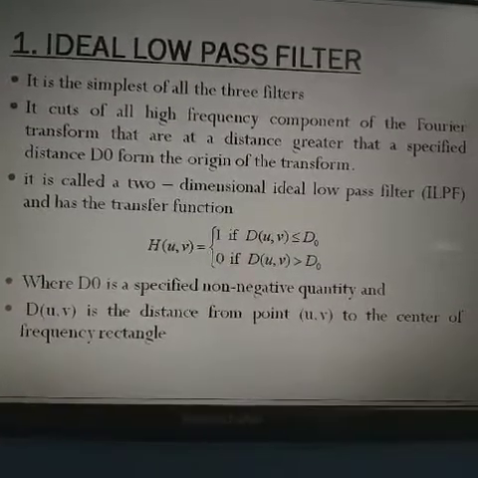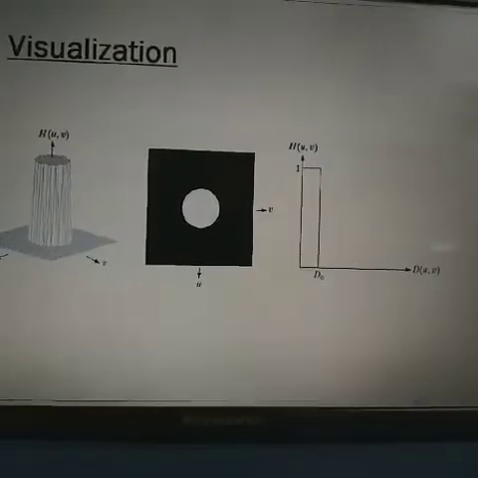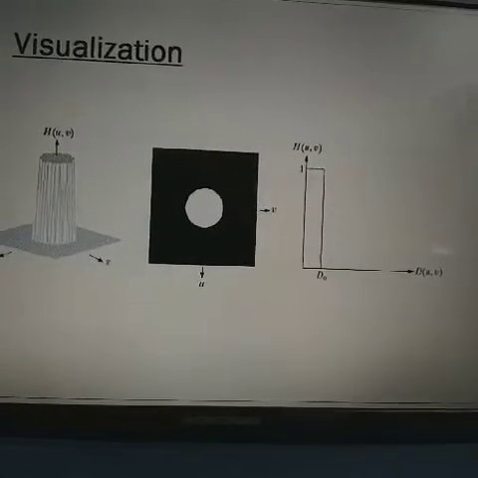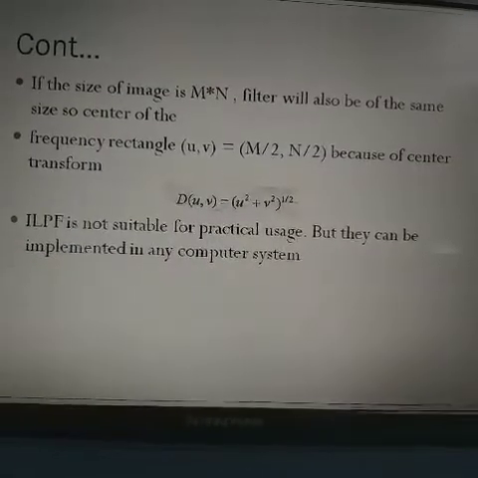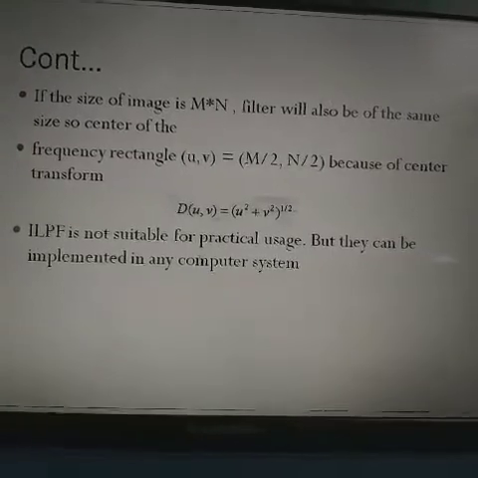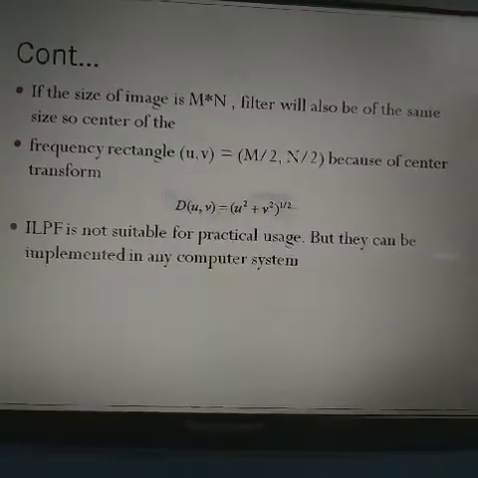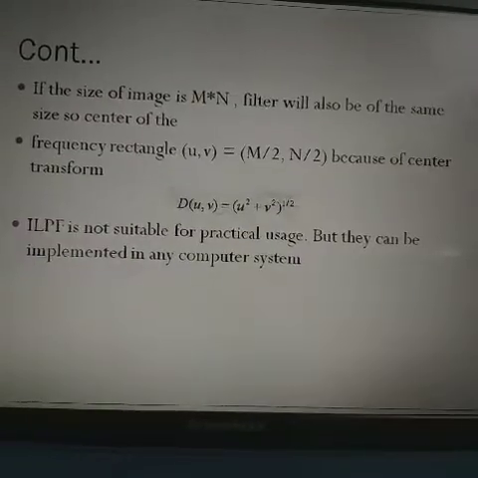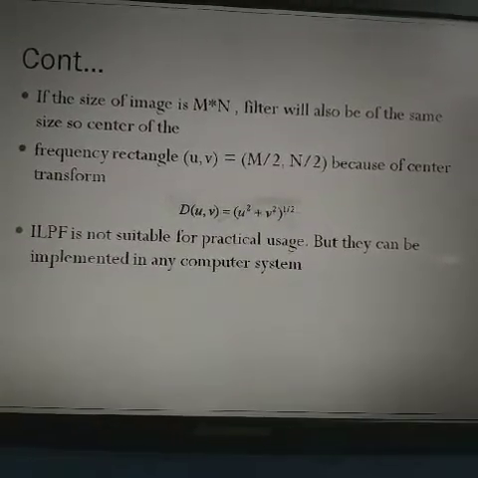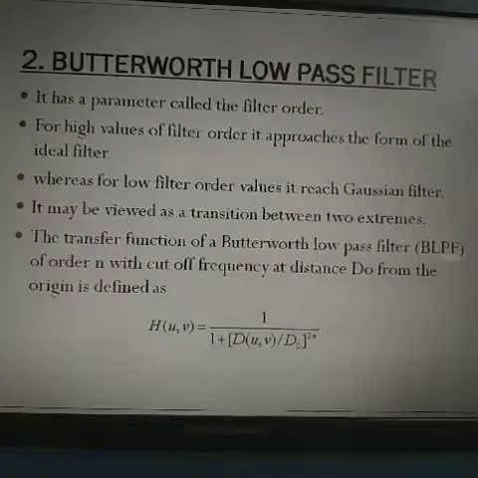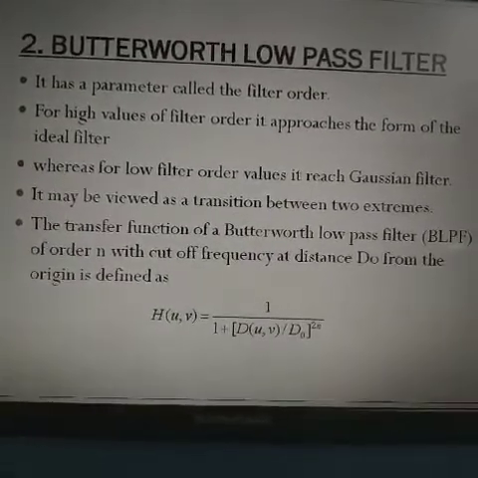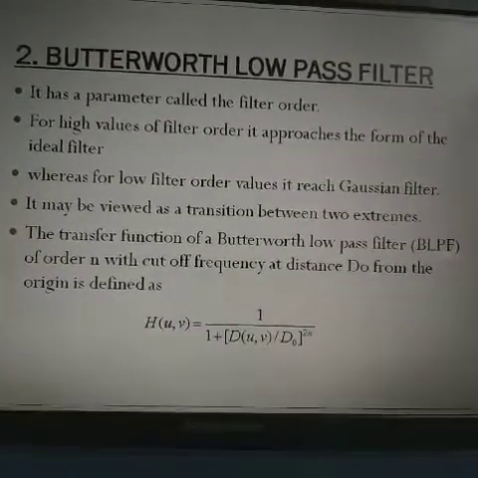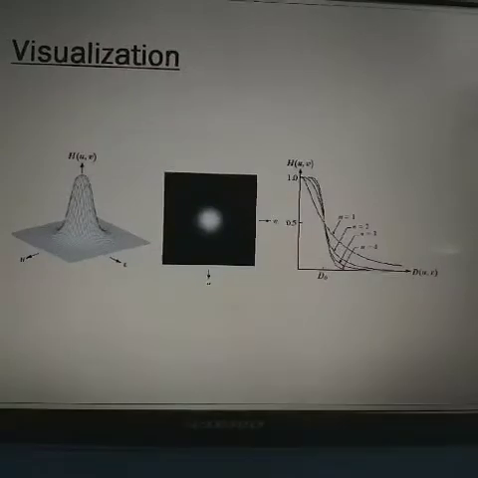With the ideal low pass filter, we get a smooth image, but it does not give a properly blurred image. It gives the filter value either 1 or 0, depending on the distance D, which is the square root of u squared plus v squared. Next, in the Butterworth filter, as D naught is expanded and we cut off the high frequencies, the image becomes more blurred.